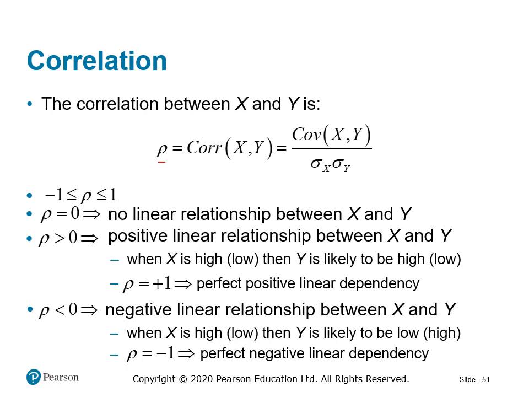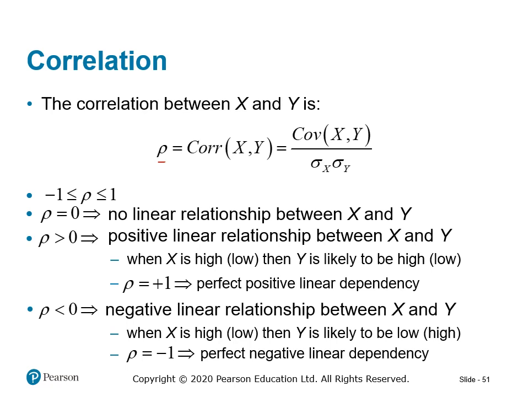If rho is positive, there's a positive linear relationship between x and y. When x is high, y is likely to be high, and when x is low, y is likely to be low. A rho of positive 1 indicates perfectly positive linear dependency. Basically, if x moves up by 5%, y is going to move up by 5%.